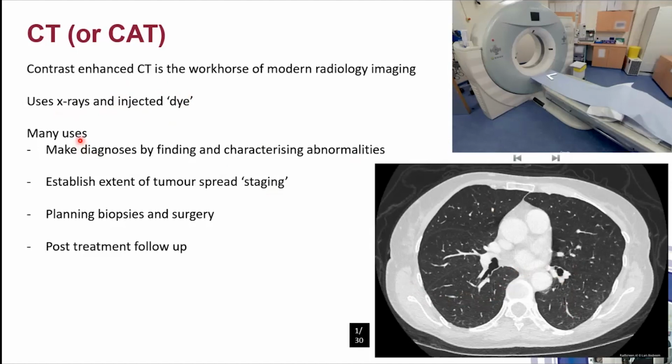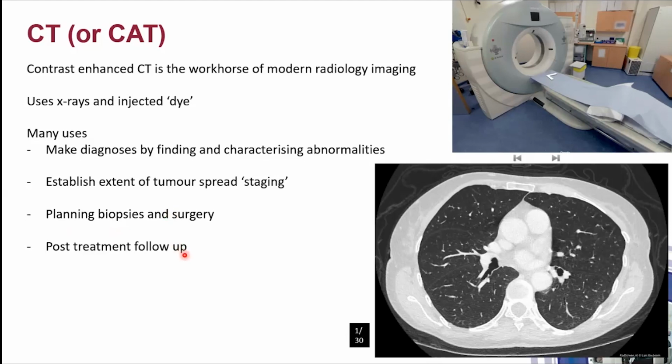CT is extremely useful for a really wide range of things. So they help to make diagnosis by finding and characterizing abnormalities. They can establish the spread of tumour, and they can help plan the actual biopsy and surgery. And they also help in assessing post-treatment change, so judging how well treatments have worked.